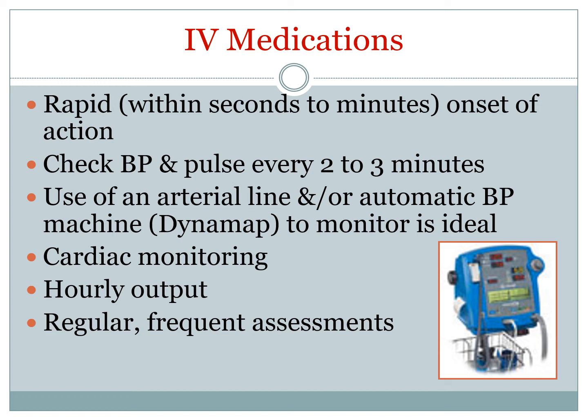So you can use a Dynamap, set to inflate every several minutes, because we have to monitor those vital signs very closely. It would be even better if we had an arterial line. If our patient's in the critical care unit, then we may have an arterial line with which we could continuously monitor their blood pressure.